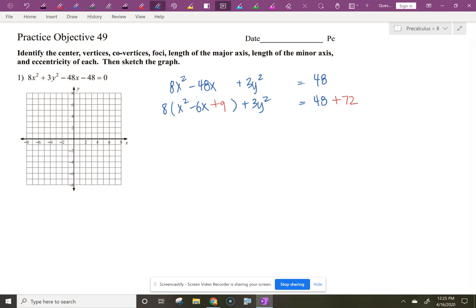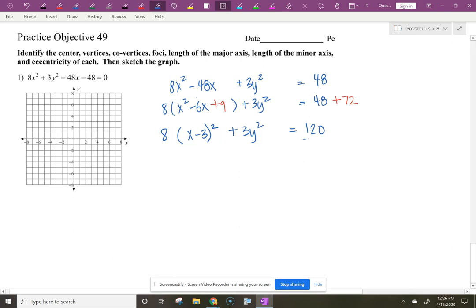Now, I can go ahead and finish this up. This is going to be 8 times x minus 3, always half the middle number, plus 3y squared equals, and what do I have here? Is that 120? That's 50 and 70, so 120. So there you go. Now remember, ellipses in standard form are always equal to 1.